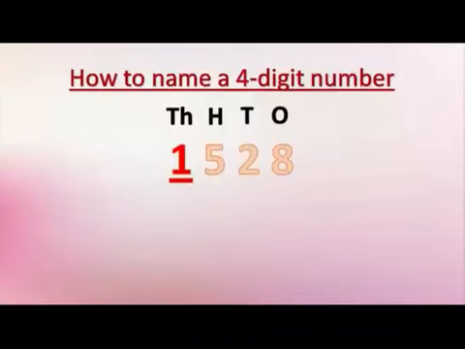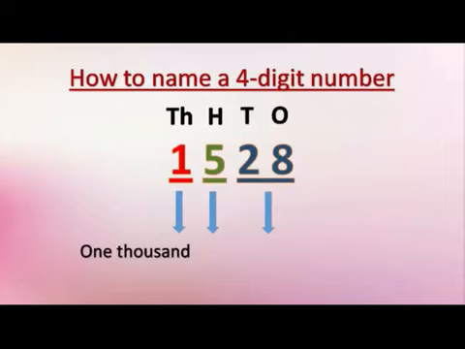Similarly, the 4-digit number has 3 parts. The first part is the digit in the thousands place. The second is the digit in the hundred place. And the third is the tens and ones digit together. So from here, we have 1 in the thousands place.